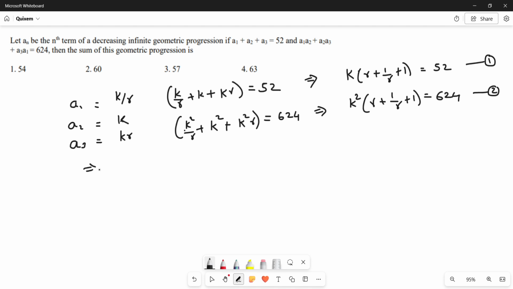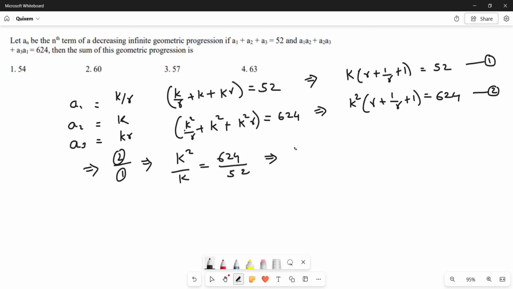Now let's do 2 divided by 1. If you see, the common terms will be cancelled, and we are left with only k square divided by k equals 624 divided by 52.